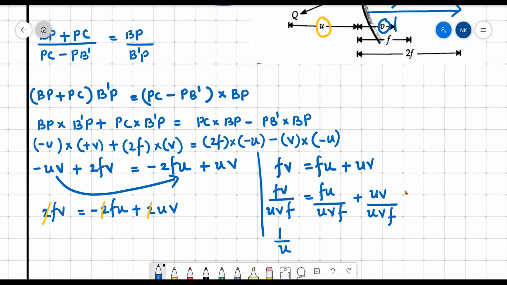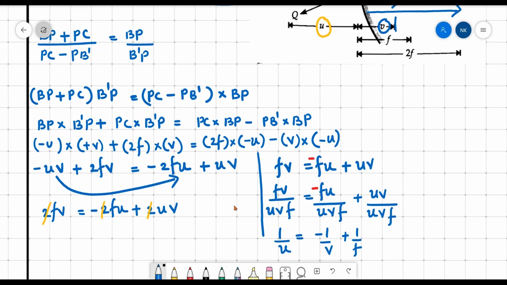I think we are missing something. Yes, this negative sign. We forgot to substitute this negative sign over here, so this is minus, so this should also be equal to minus. Okay, so here 1 by u equals minus of 1 by v plus 1 by f.